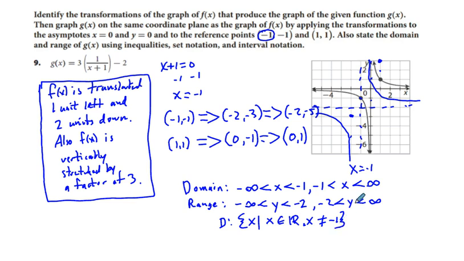So that would be an example of a domain. Range, very similar: y such that y is an element of all real numbers, except y cannot equal negative 2.